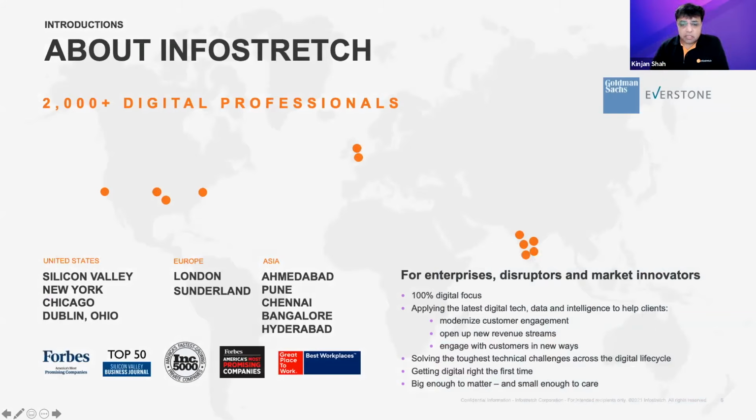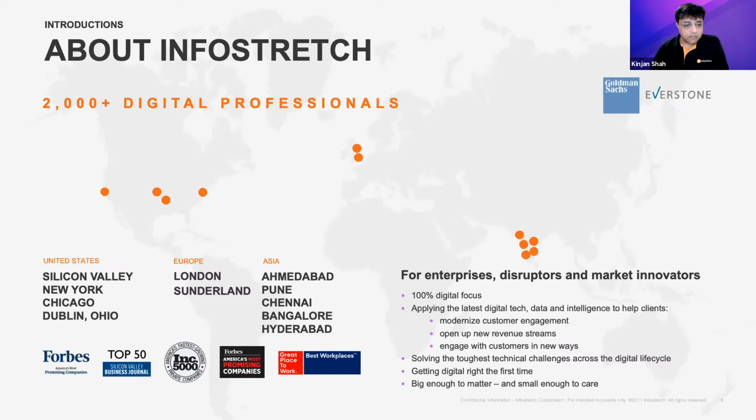Infostretch is a digital engineering services company, and we are backed by Goldman Sachs and Everstone. We are 2,000-plus digital professionals as an organization, and we have expanded our footprint across 3 different continents. Predominantly in India, we have about 5 offices: Ahmedabad, Pune, Chennai, Bangalore, Hyderabad.